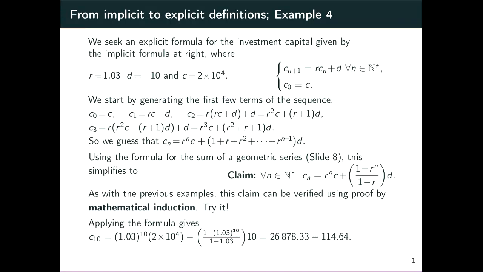Once we started adding in this minus 10, we've actually lost $114.64. So that's more than 100, which is the amount that you've removed each year. It's more to do with the fact that you're losing some of the interest in the following years. And that's what I've just explained there.